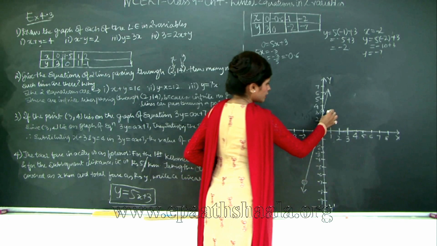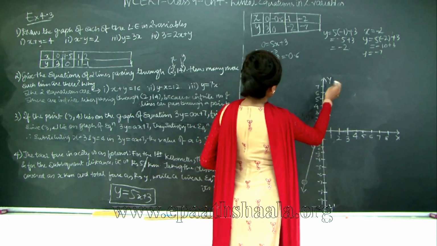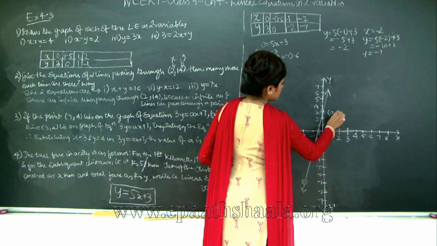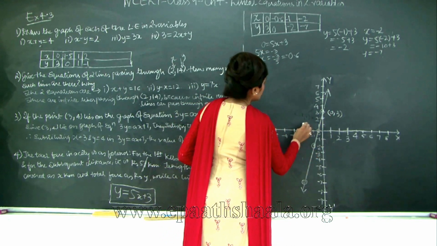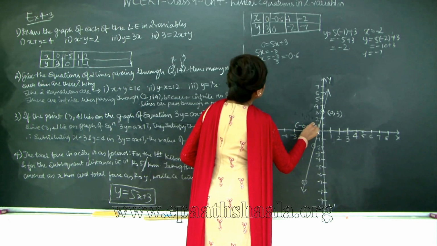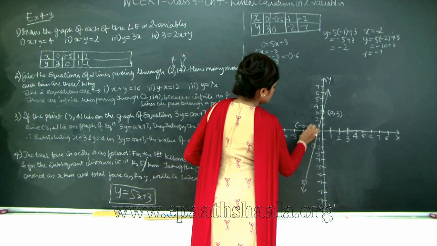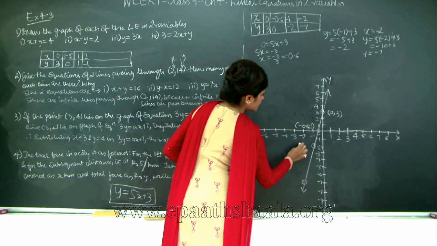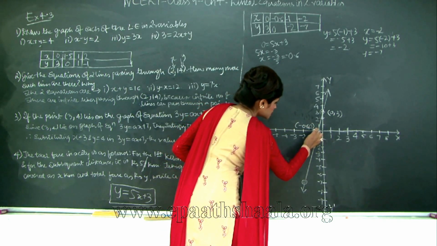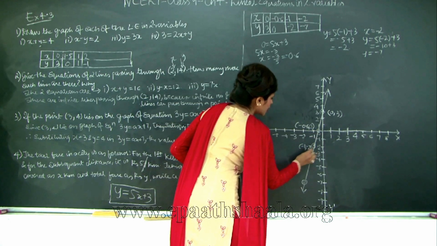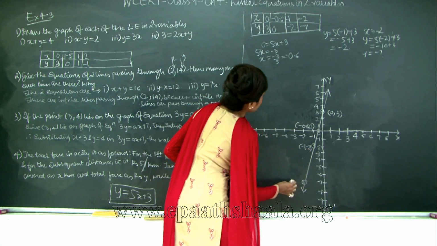Therefore, I have my points here, which are, this one is 0 and 3, then I have minus 0.6 and 0. This point is minus 1 comma minus 2, this is my minus 1 here, and finally I have minus 2 and minus 7.